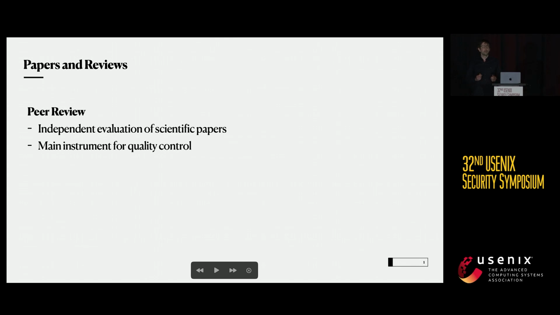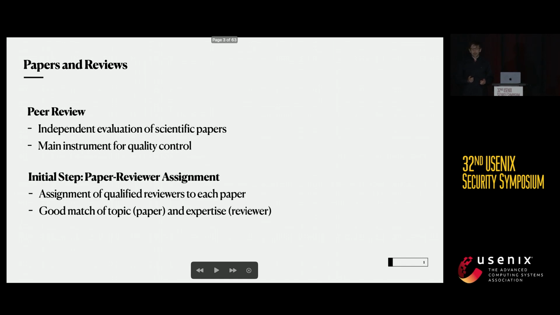So peer review is a major part of academic research and the scientific publication process. Despite the well-known weaknesses and problems we have, it's still a very important instrument to ensure high quality standards in the papers. In the initial step, papers are assigned to reviewers, so that the papers match with the qualified reviewers.